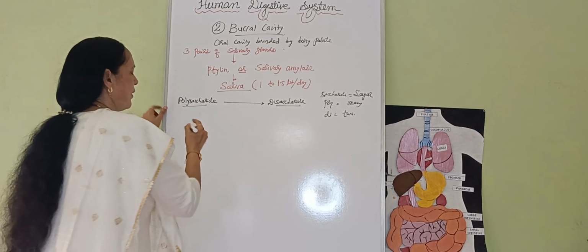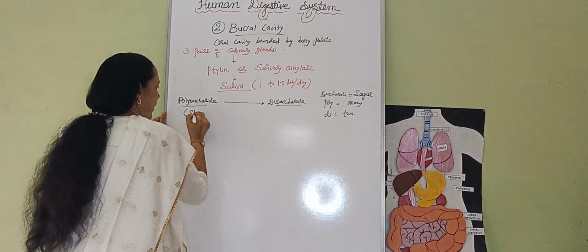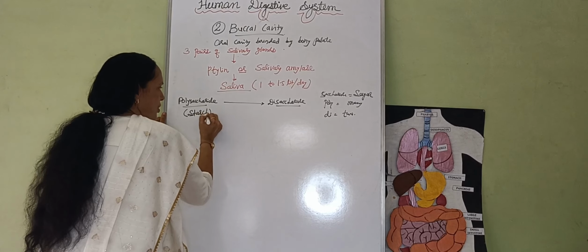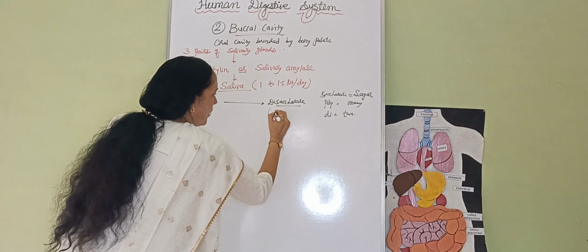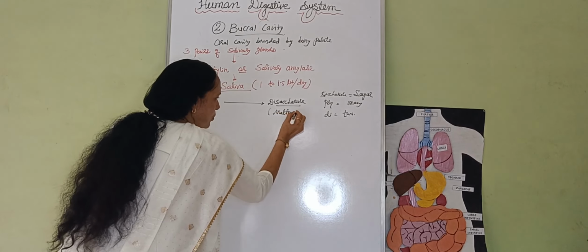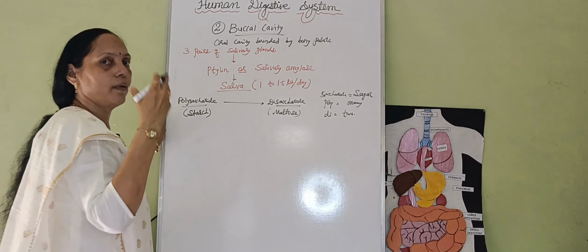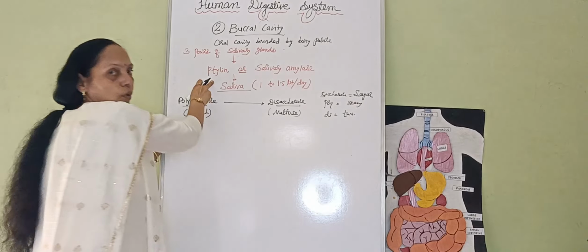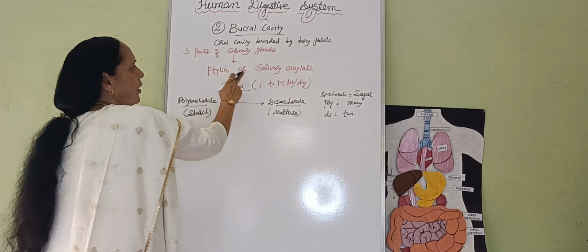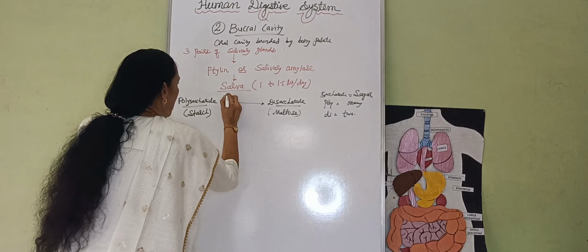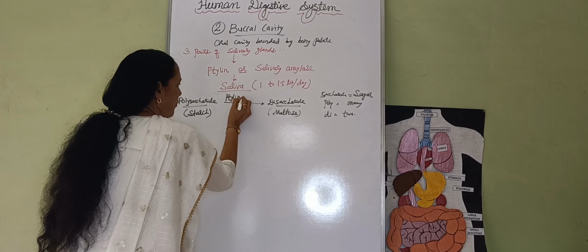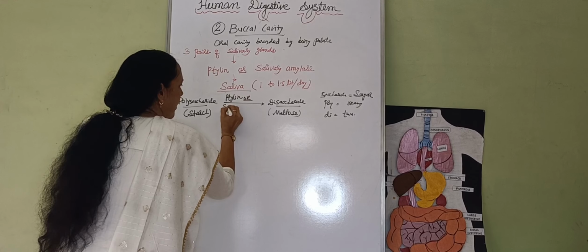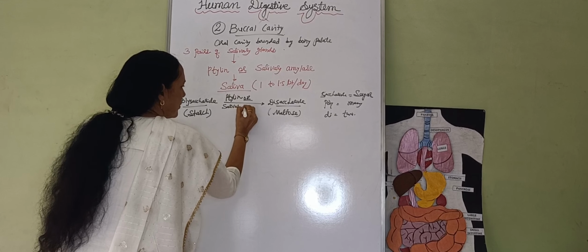Now these polysaccharides are commonly called starch, and disaccharide is commonly called maltose. Now how does this chemical reaction happen? This chemical reaction happens with the help of the enzyme ptyalin, or salivary amylase.